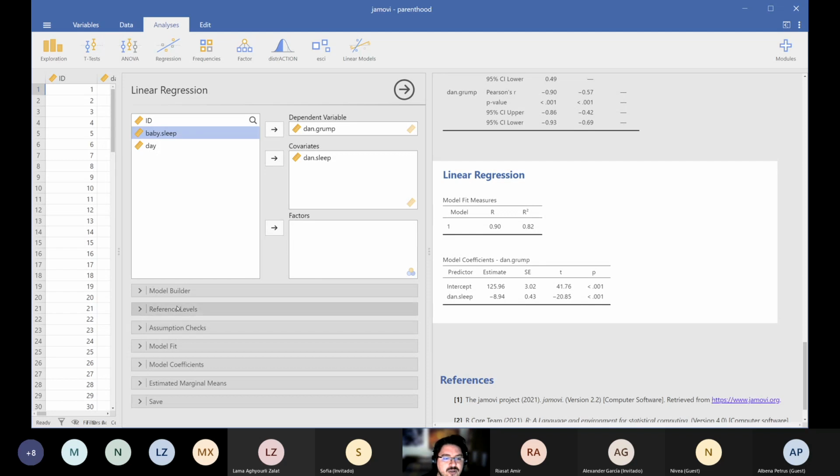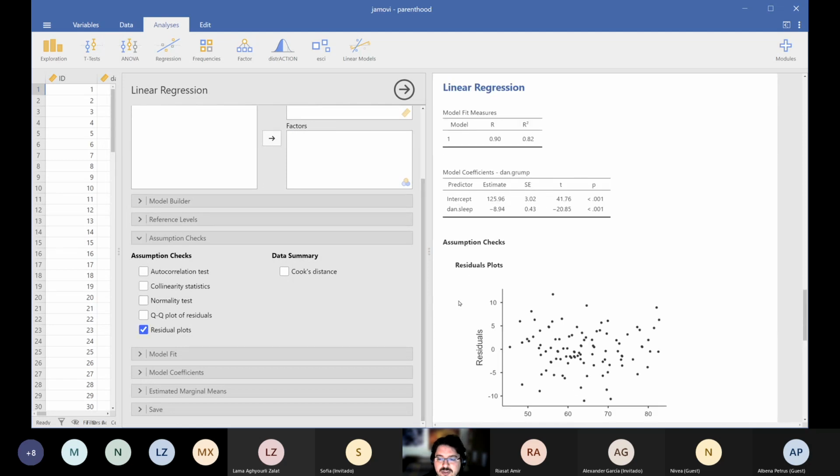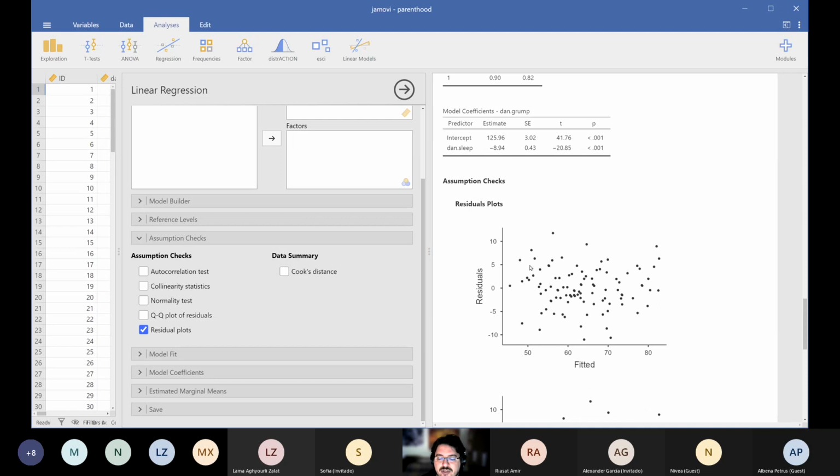Now, if we go to assumption checks, we can see, for instance, the residual plots. Remember that the residuals should be homogeneous and independent.